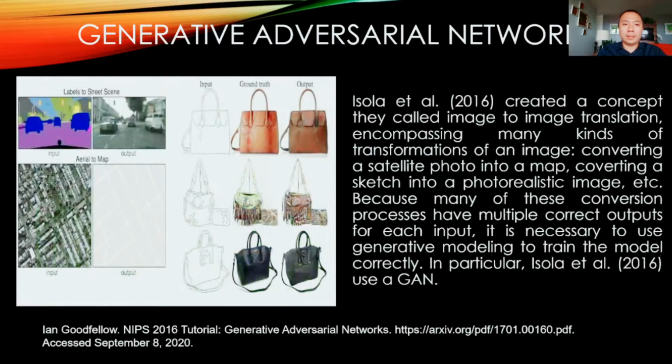Another example is this one by Isola in 2016. They created what they call image-to-image translation, which encompasses many kinds of transformation of an image. It converts a satellite photo into a map, or a sketch into a photorealistic image. So this is the input, and this is the ground truth.